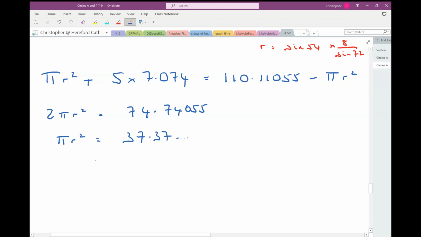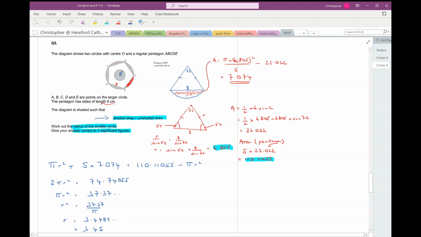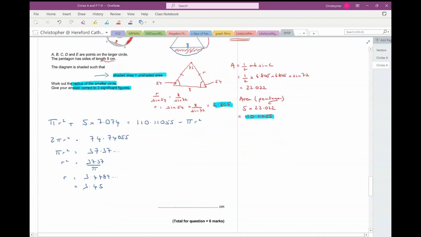Divide by pi, gives me r squared is 37.37 divided by pi. Put that on your calculator and square root it, and you will have r is equal to 3.4489, and so on. And in the question here, we are asked to give r correct to 3 significant figures. So the answer is 3.45.